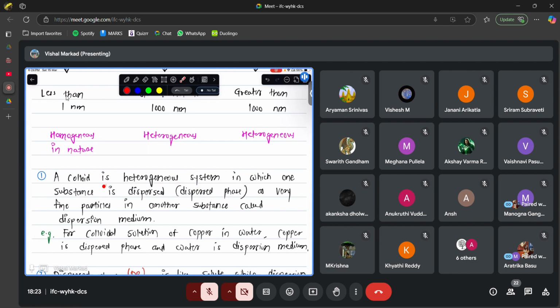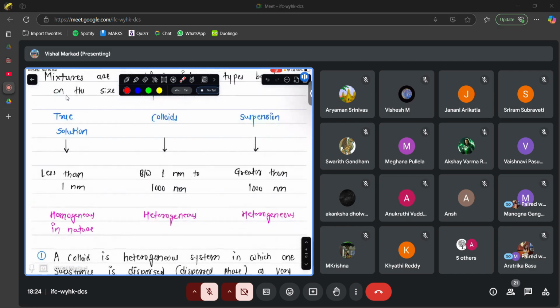Okay. So what is a colloid? It is a heterogeneous system in which one substance is dispersed, called the dispersed phase, as fine particles in another substance called the dispersion medium. Let's suppose you have a colloidal solution of copper in water, then copper is the dispersed phase while water is the dispersion medium. Do you understand this basic thing about colloids?